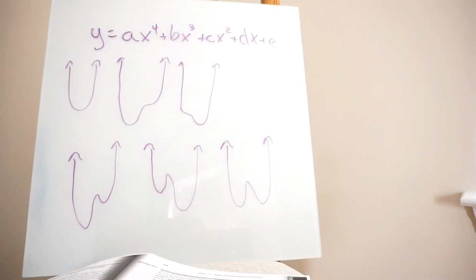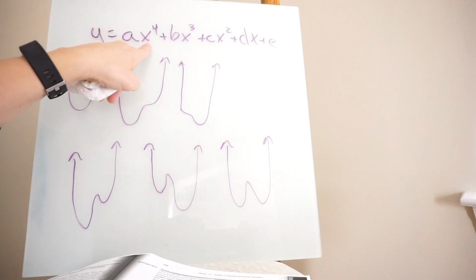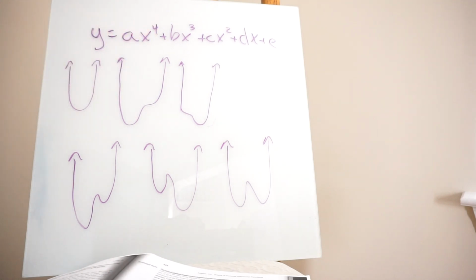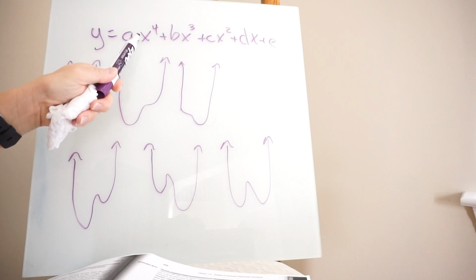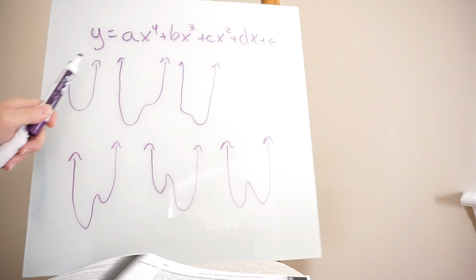All right, so let's take a look at all of these here. If the a term is positive, because this is raised to the fourth power, that's an even number, no matter what the x value was, whether negative or positive, it's going to be positive. That's why every single one of these will open up.